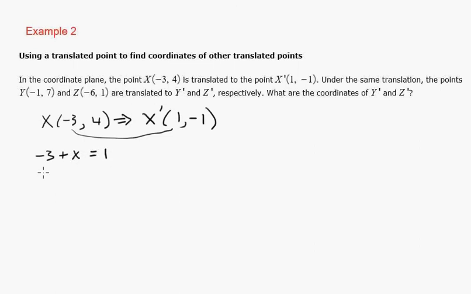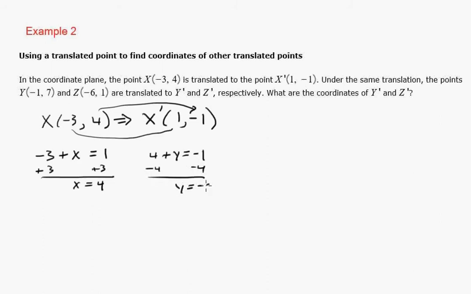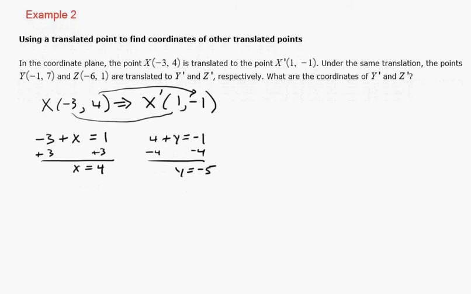So you got to add 3 to both sides. Just let algebra help you. You get 4. And then from y, it's 4 plus some number is a negative 1. So I subtract 4, I get y equals negative 5. So those are going to be the translations that we do.